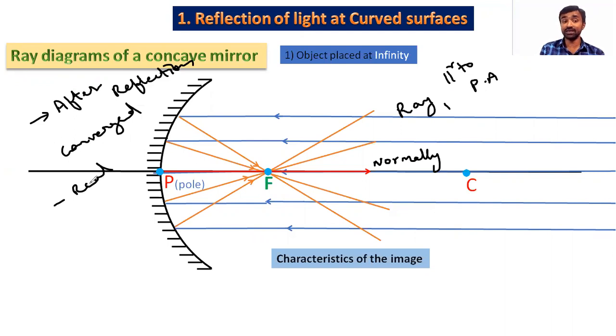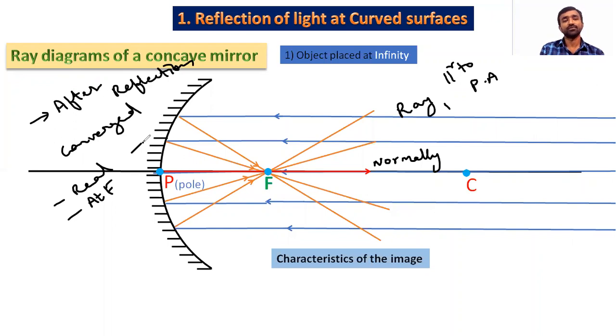So one is, you said, a real image. What about the other characteristics we need? Position. Where is the position? At the converging point. Where is the converging point? At F. Then can you say about the size of the image?